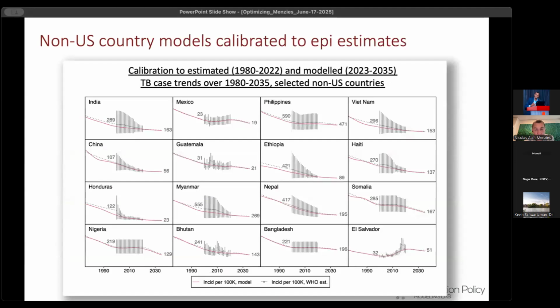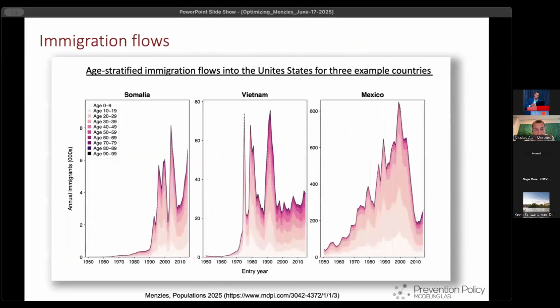So I mentioned we had these relatively simple models for each of these countries of origin. Here you can see an example of 16 of them. We calibrated that model to WHO reported TB incidence data in each country, which allowed us to create scenarios for TB burden in each of those countries.